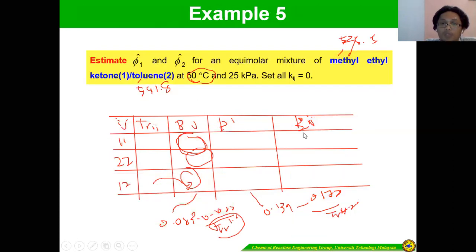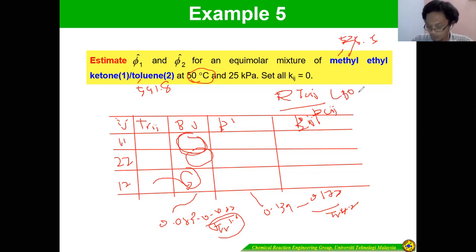So Bij is equal to R TCij divided by PCij times B naught plus omega ij B prime.